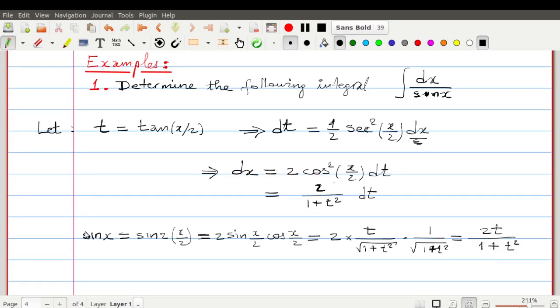Great. So we have our expression of sine x: sine x is 2t by 1 plus t squared.